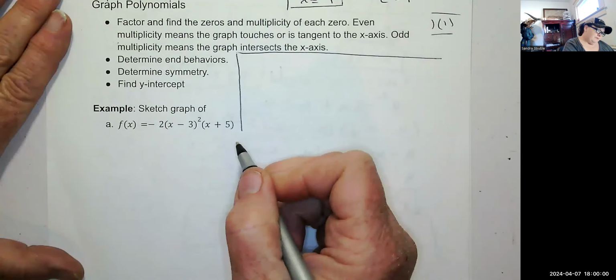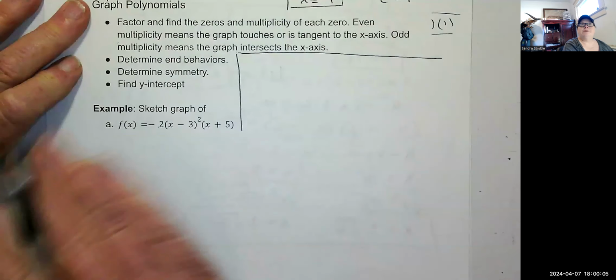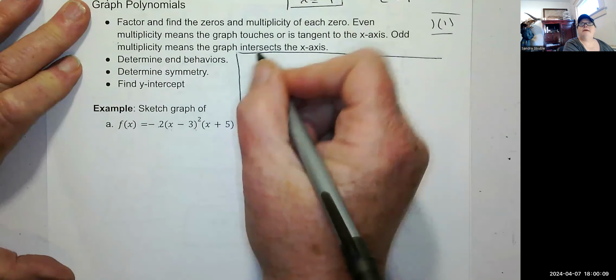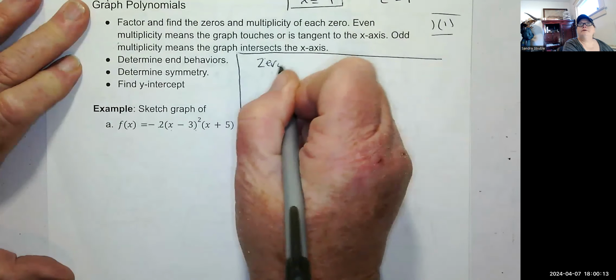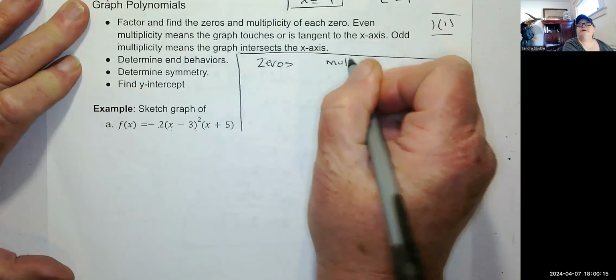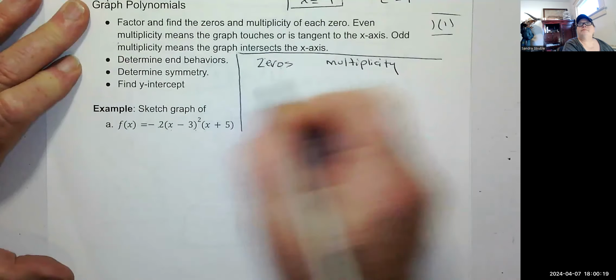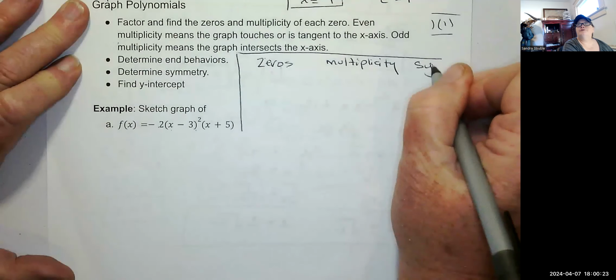All right, for my zeros, this doesn't have an x with it, so I ignored that. I only deal with my x minus 3. So I'm starting with my zeros, and then I'm going to have multiplicity. And then I want to have symmetry. Let's answer those.